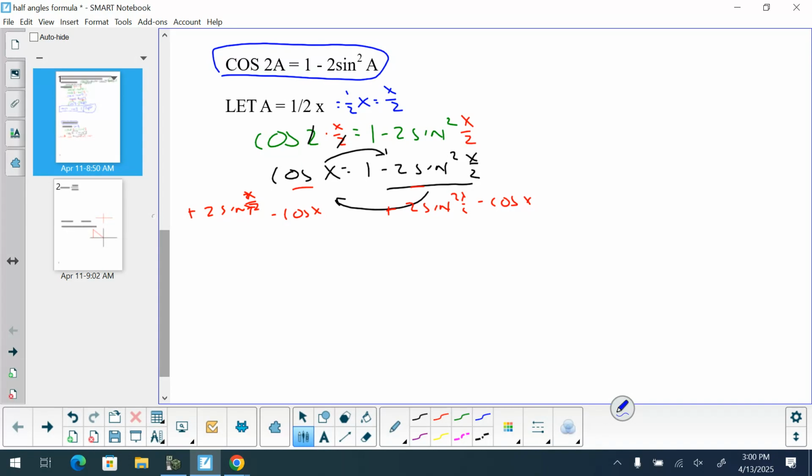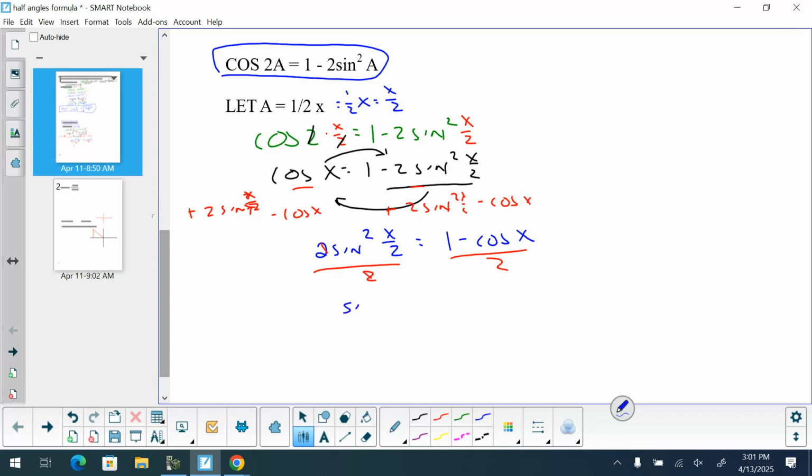So what we're left with now is 2 sine squared x over 2 is equal to 1 minus cosine of x, which looks very similar to what we just did from up above. We're going to divide both sides by 2, like we did above. These go away.